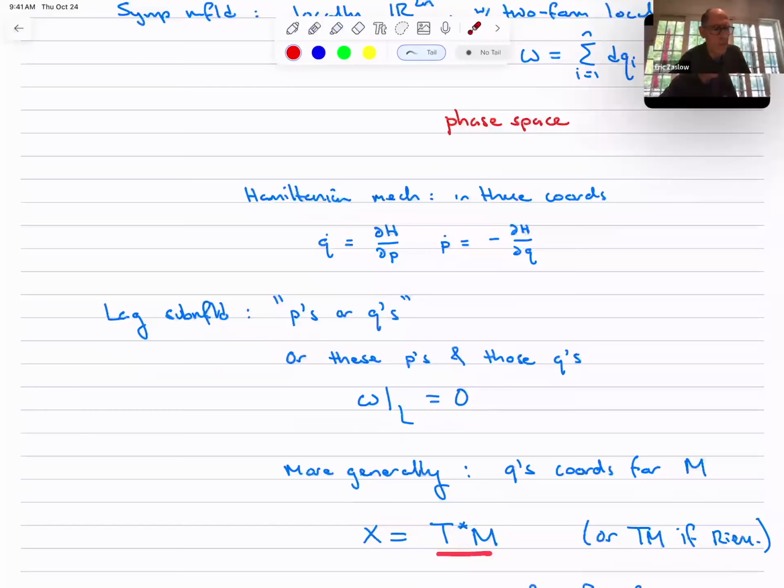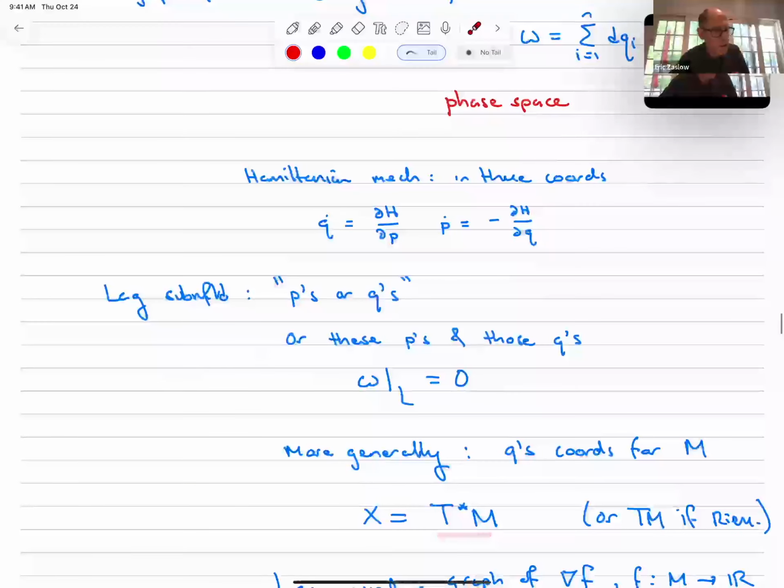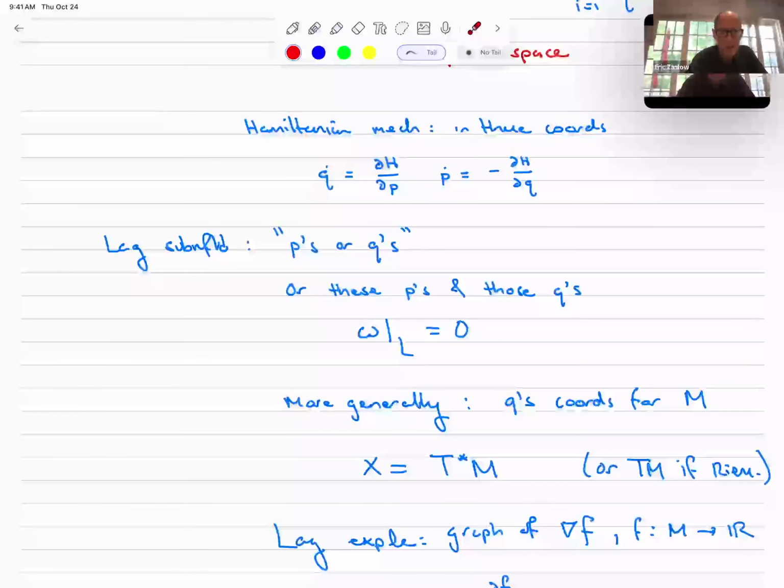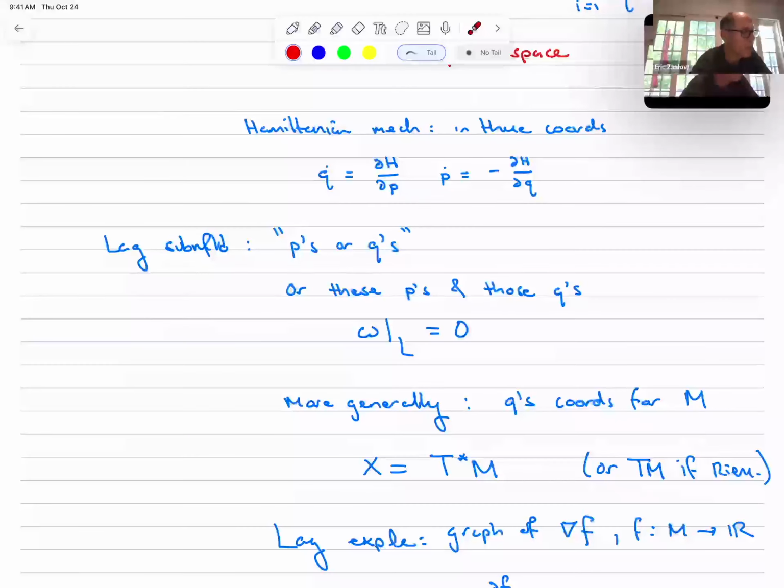It's called the cotangent bundle of M. That's a little bit fancy, so we can just think of it as the tangent bundle, at least if we have some metric at our disposal, which in physics we typically do, the metric of space-time. So I'm talking about symplectic manifolds as phase spaces, or things that locally look like phase spaces.